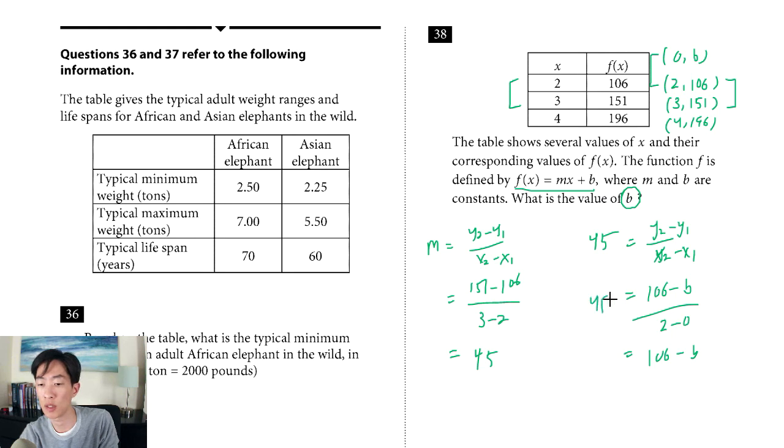This was 45 over here. Multiply both sides by 2, we get 90. And we'll add b to both sides, subtract 90 from both sides, we get b equals 16. And so that's the answer. The y value is 16, and this coordinate actually is (0, 16), because we calculated it from the slope.